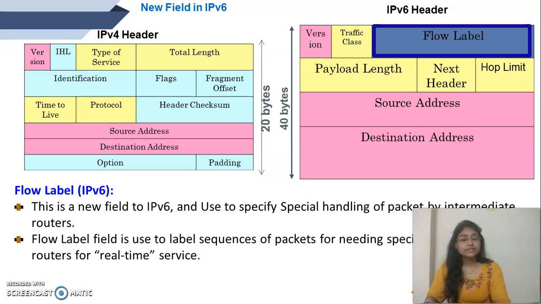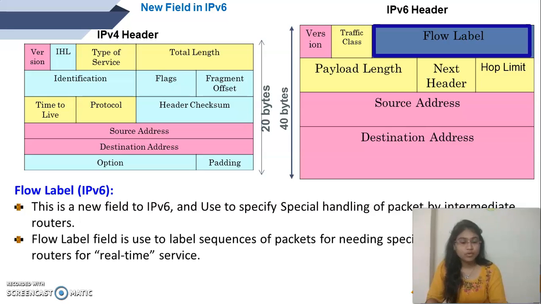Next, the new field in the IPv6, which is included in the IPv6 only and not available in the IPv4, is the flow label field. This field is used by the source to specify that special handling is required by that packet, and this field is used by the router, and the router can provide a special type of handling to that packet depending on the value of this field.